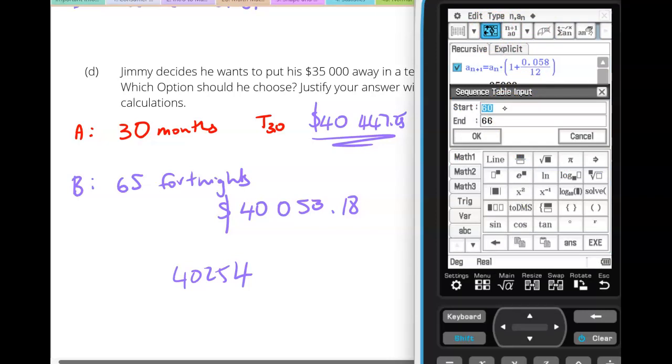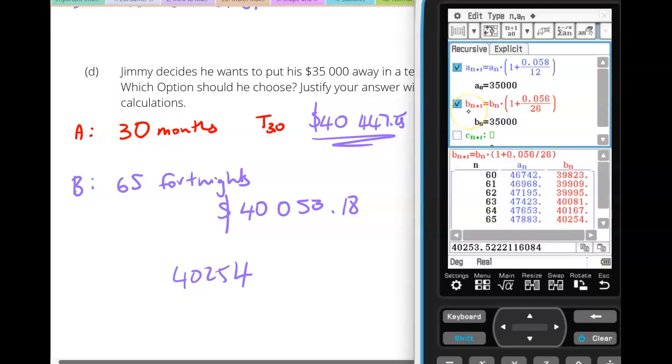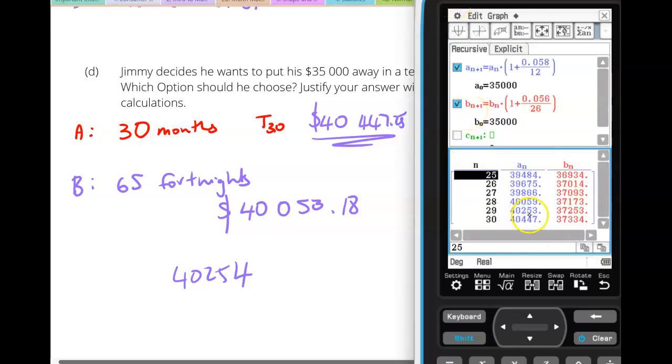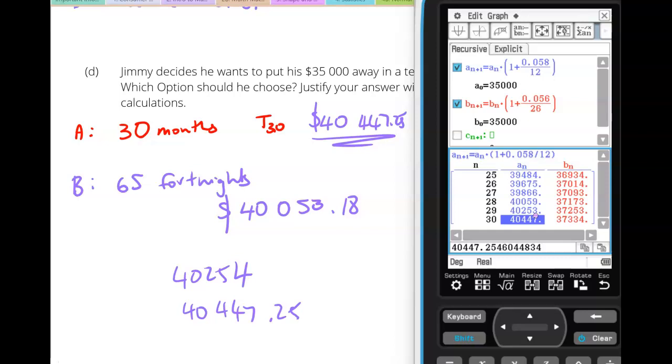So I'm going to go from 25 to 30 for sequence A. At the end of 30 months, sequence A is 40. Oh no, it's still better. So still better. So it's too short an amount of time. Anyway, that was more for interest for me to see what was going on, but still not much of a change.